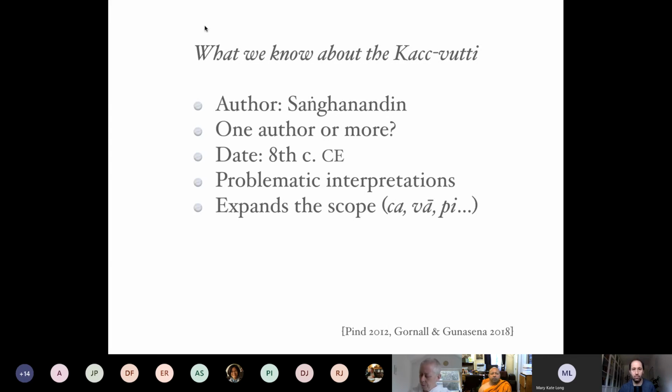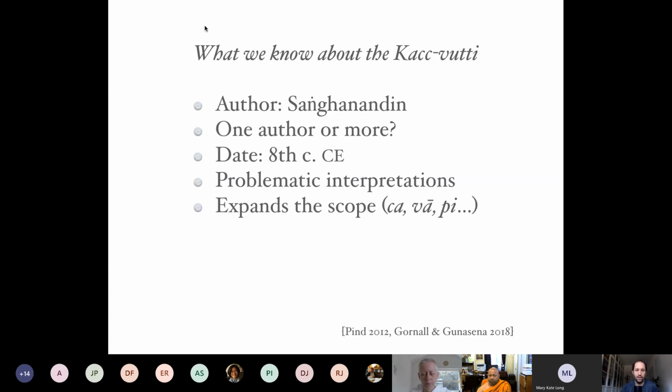Another thing that both modern and traditional scholars agree on is that the Vritti, this gloss on the short commentary on the Kaccāyana, contains many problematic interpretations. In some places it seems that the author or authors of the Vritti are not understanding the exact intention of the Sutta, of the rule.